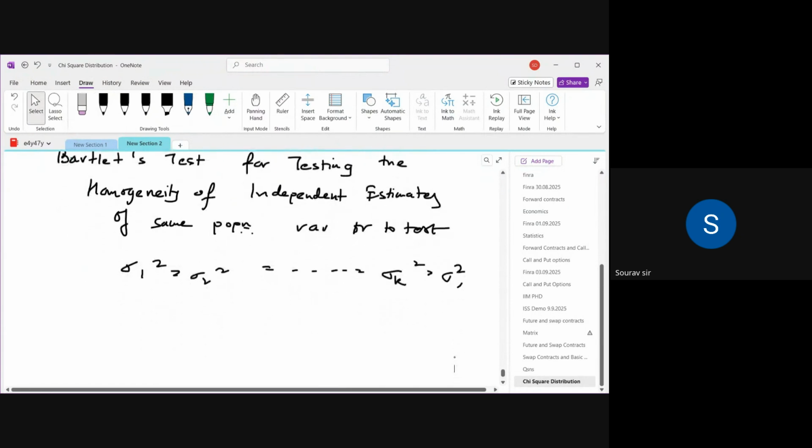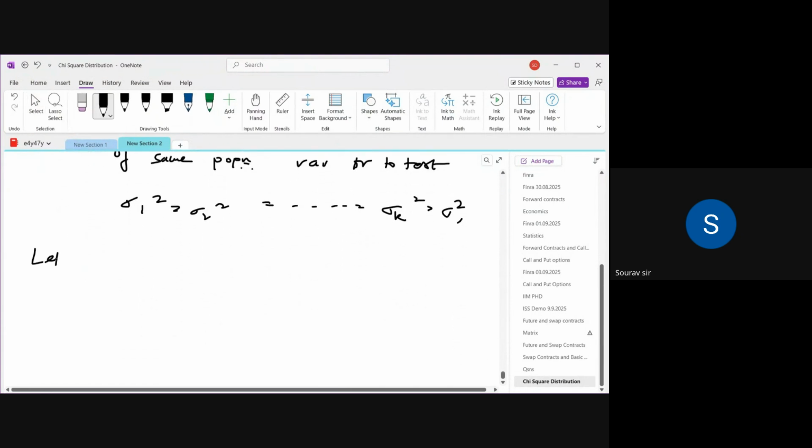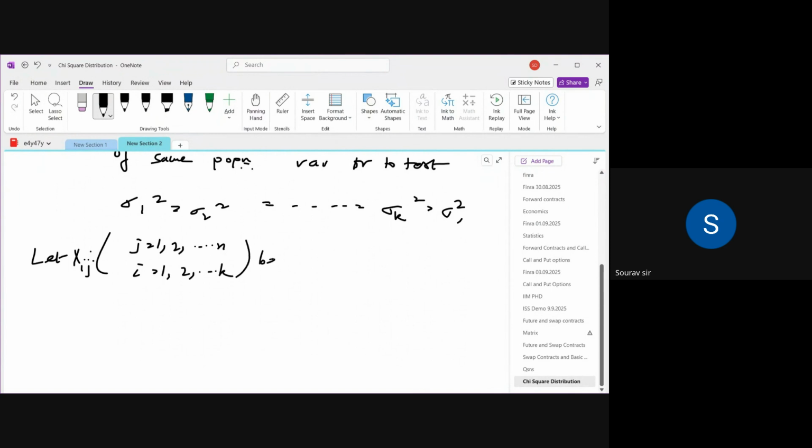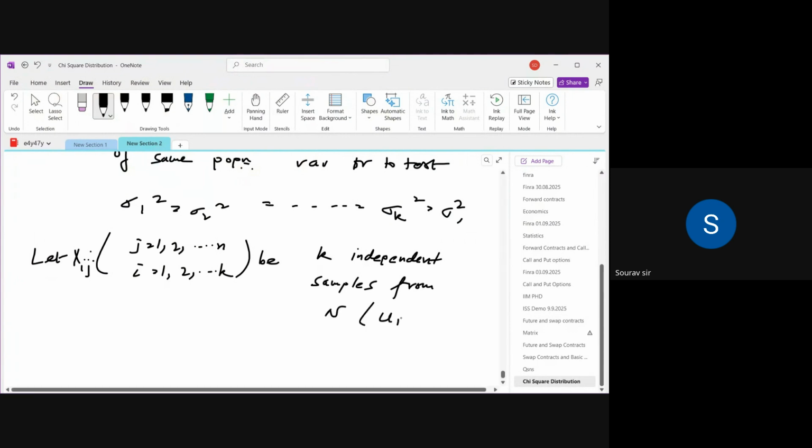Suppose let xij, j say 1, 2 till ni, and i say 1, 2 till k, be k independent samples from a population.